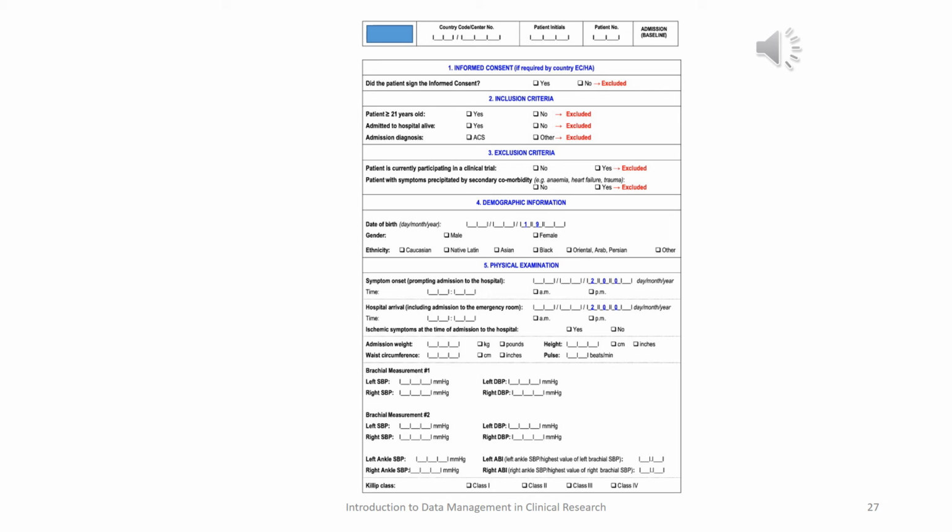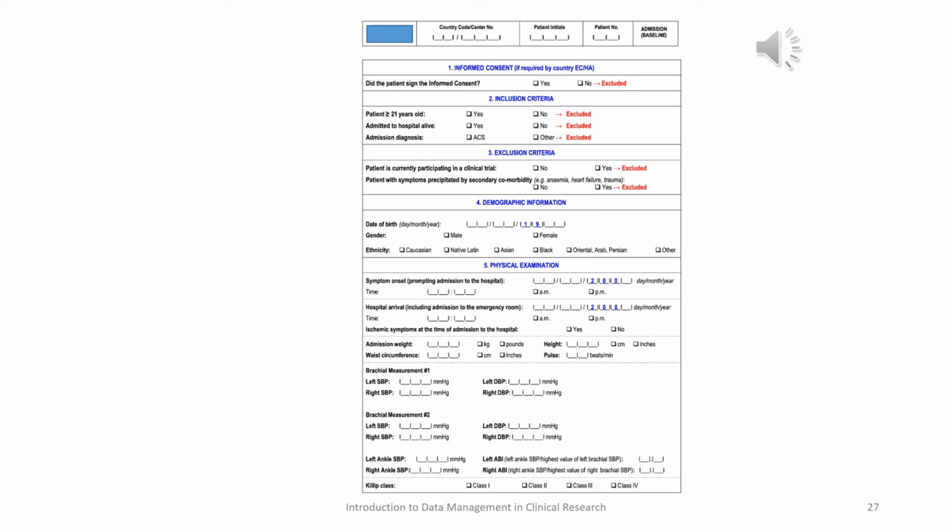Then if we look in the next row, row 2, excuse me, is the inclusion criteria. And then the next row, 3, includes our exclusion criteria. For our inclusion criteria, we always want those answered yes.